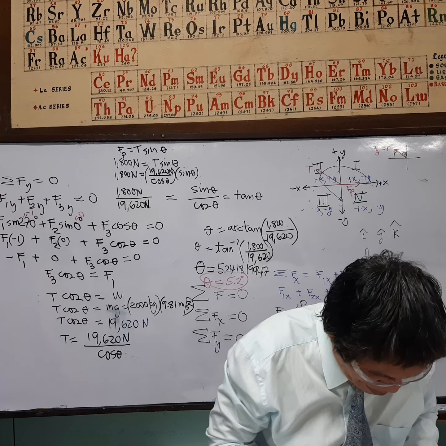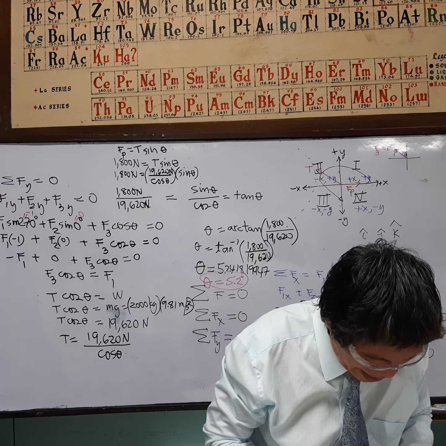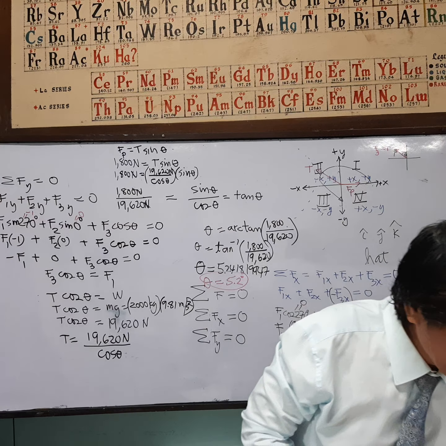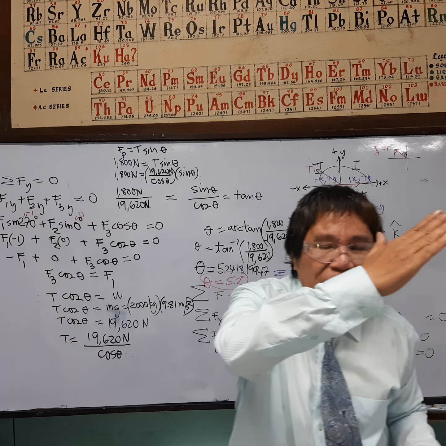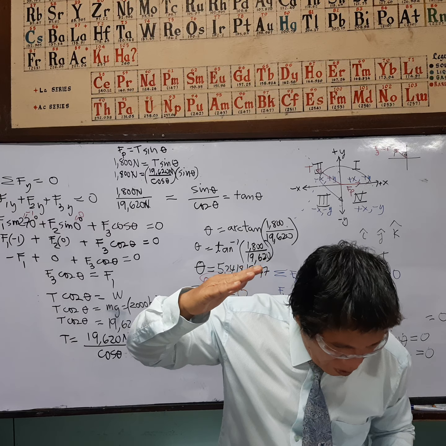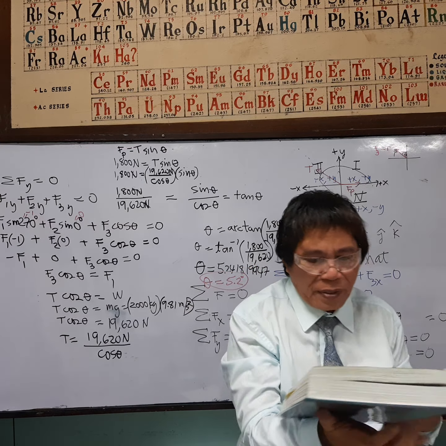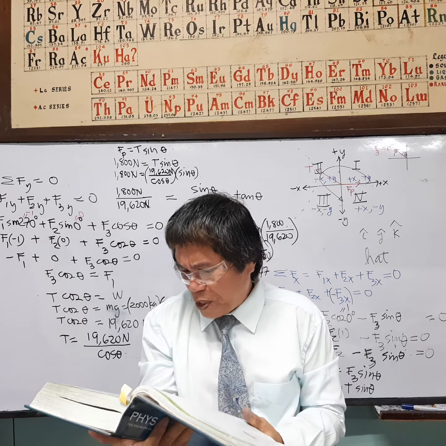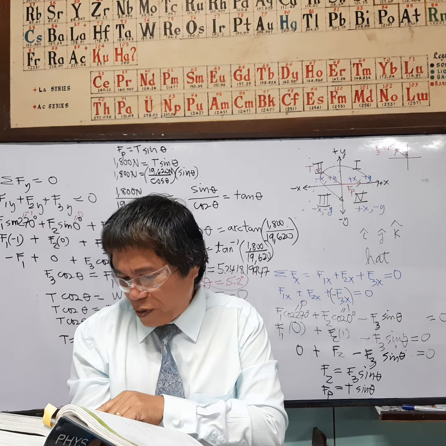Then, problem number 91. What you are going to do here for problem 91, there is a train going up. While a train is moving up a track of slope 1:10.